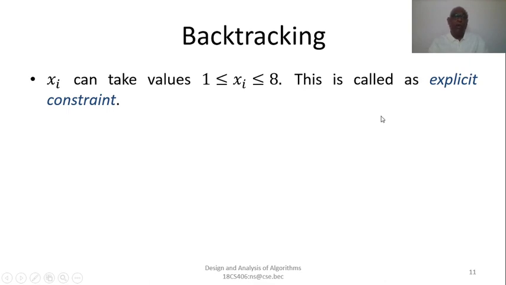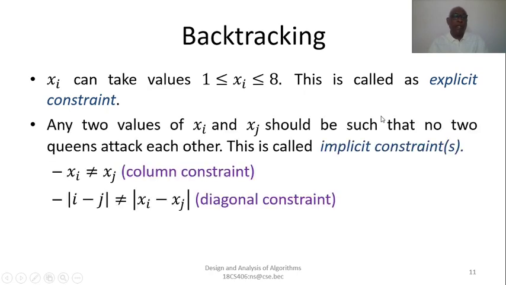The limitation or the constraint that is present on the values that can be taken up by xi is called explicit constraint. And next, the other constraint is the relationship to be satisfied by any two values xi and xj.